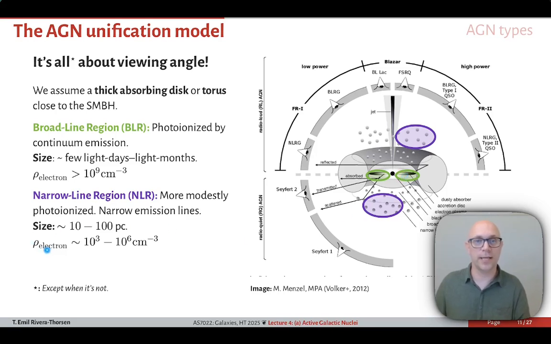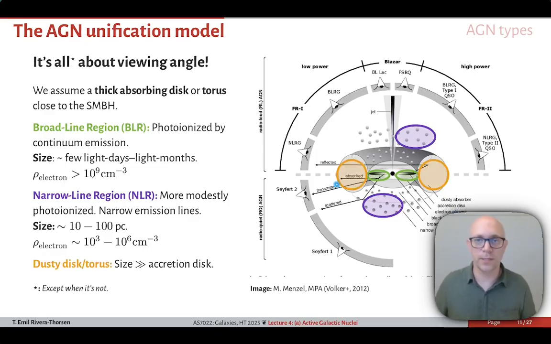And the electron density is correspondingly much lower, between a factor 1,000 and a factor of 1,000,000 less dense than the broad line regions. But 10^6 is still quite dense compared to your typical ISM region. 10^3 is more typical for the ISM in a galaxy in general.